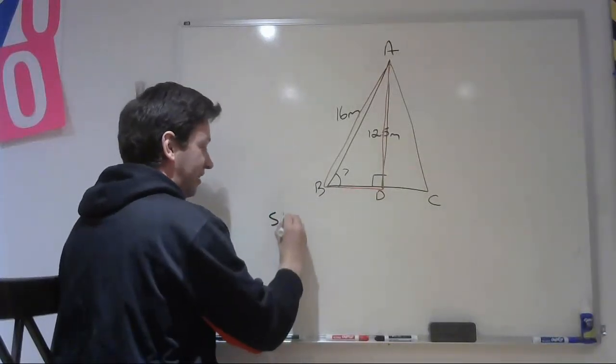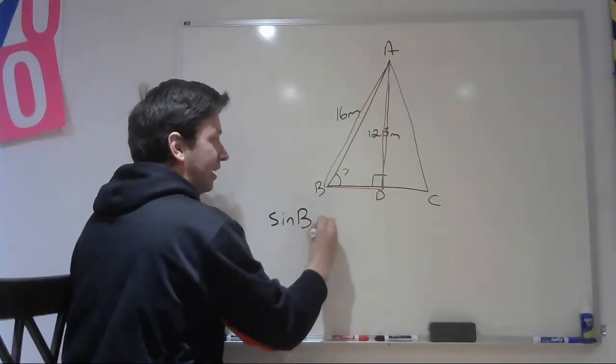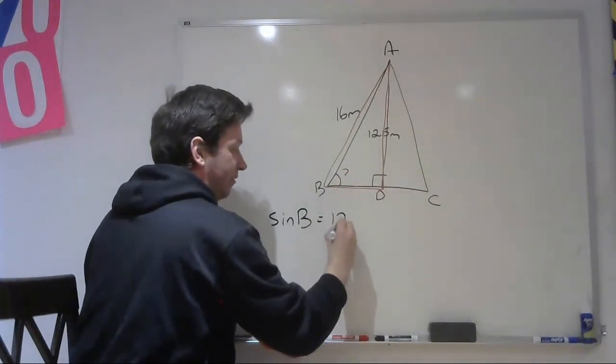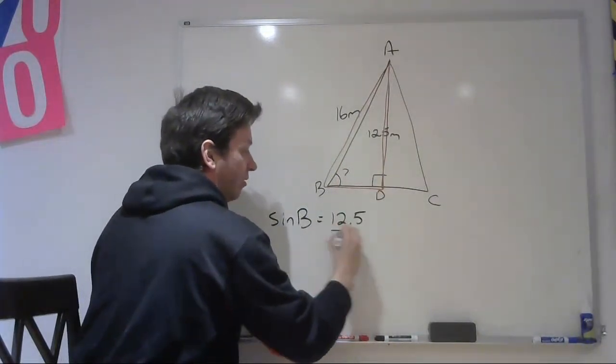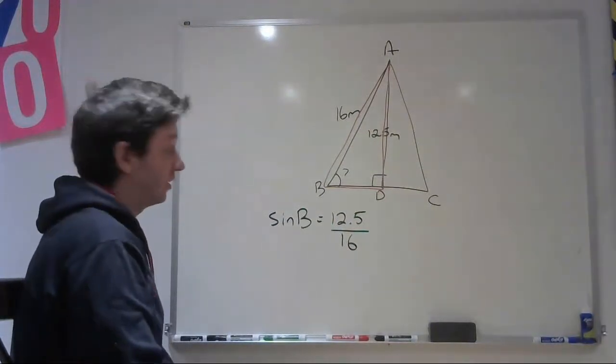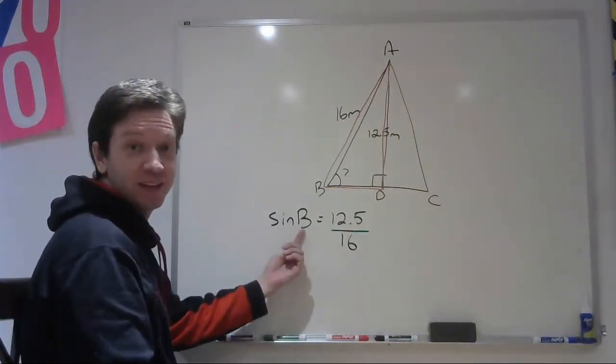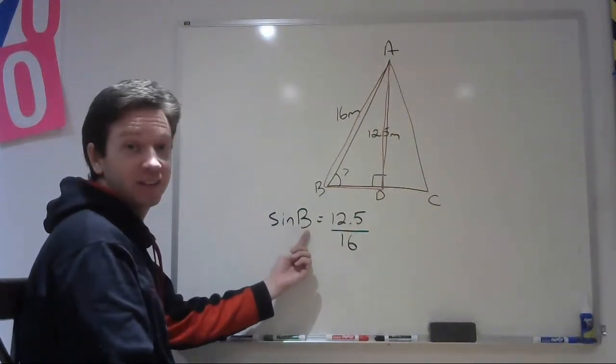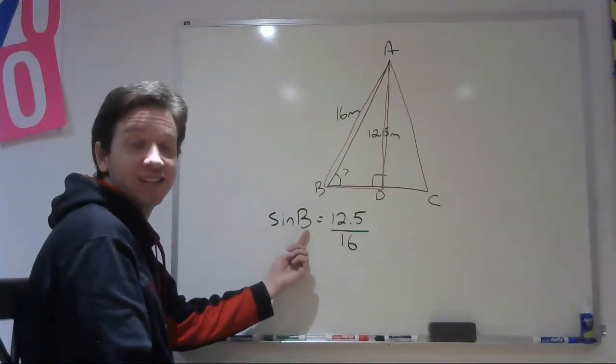So we can write the sine of B equals opposite, 12.5, over hypotenuse, 16. Now to solve that, you can say what's being done to B? Well, the sine is being done to B, so the opposite of that is the inverse sine.